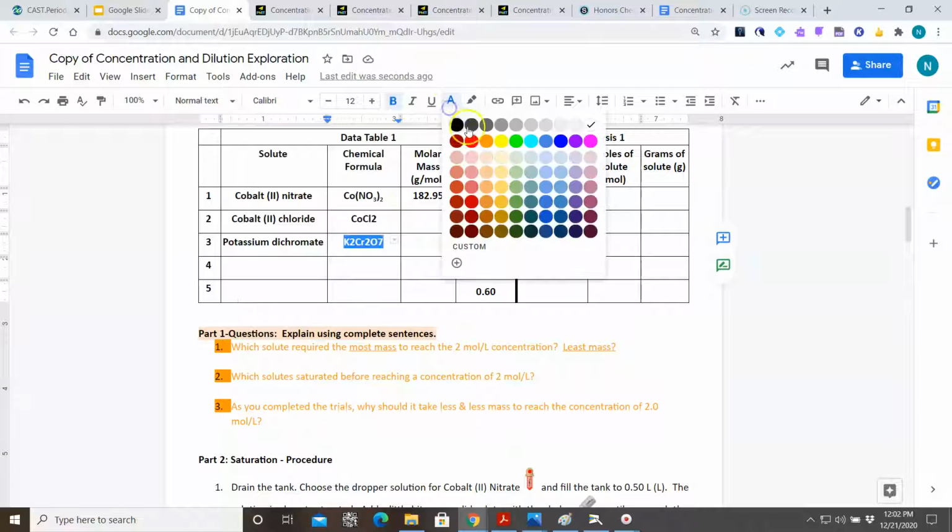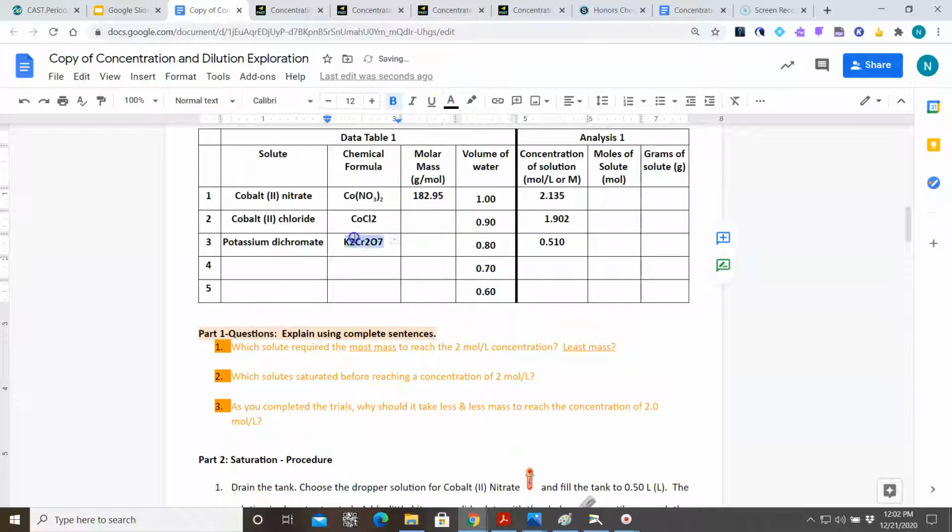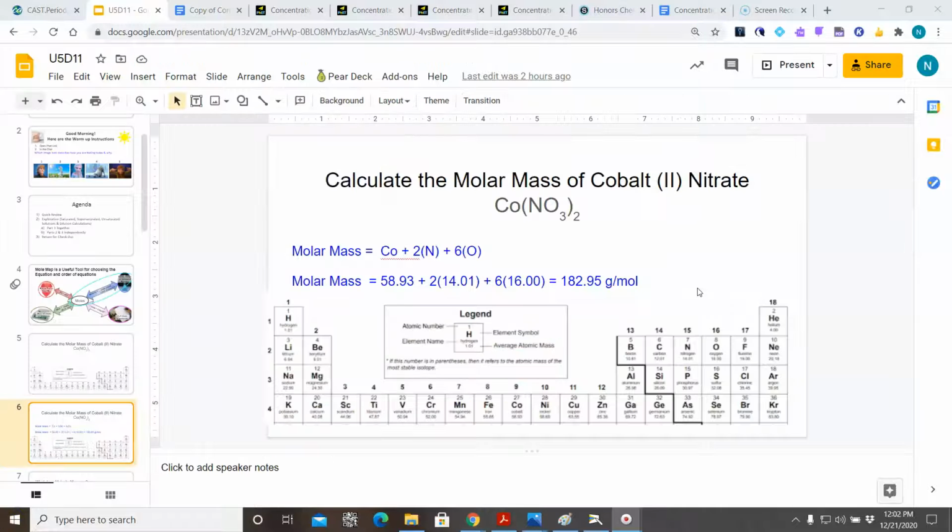All right, the last part to this is getting the molar mass. Now, remember, the molar mass comes from the periodic table. We went over this in class, and I'll go over how to calculate the molar mass of cobalt nitrate. To get the molar mass, you go to the periodic table and look at the average atomic masses for each element in your chemical formula.